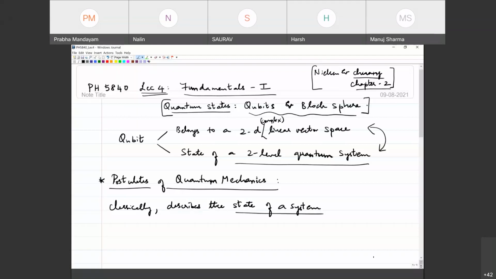So this is a recap, so to speak, or a way to set the stage for the first postulate. So one describes the state of a system using a set of, so those of you who have done courses will call these generalized coordinates and generalized momenta or velocities.